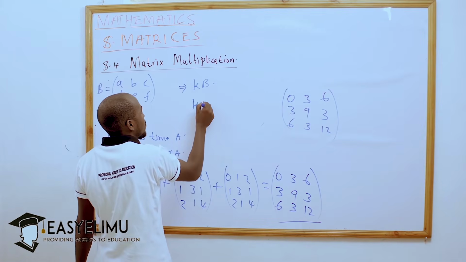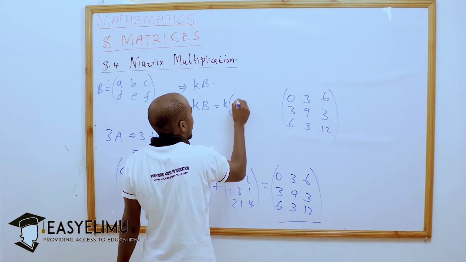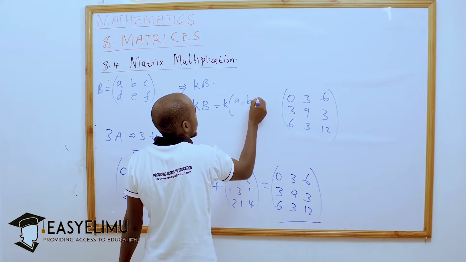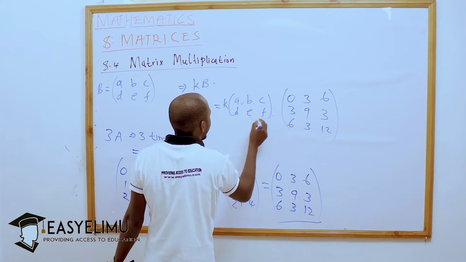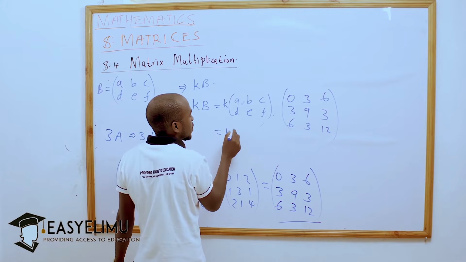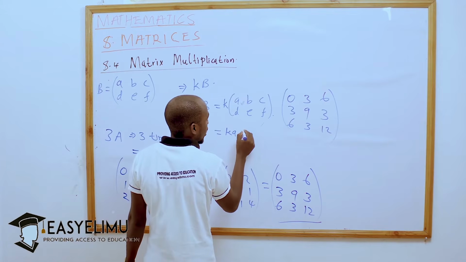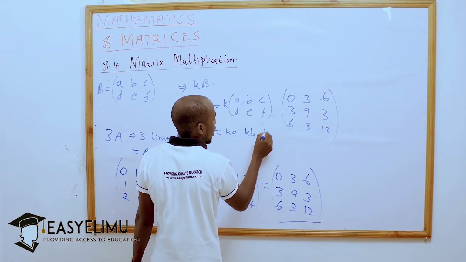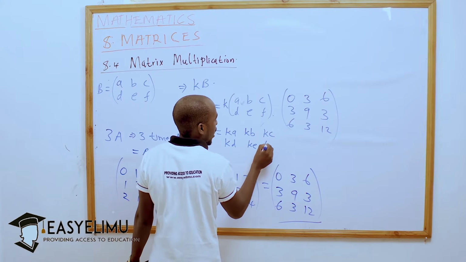You just take K times the entries A, B, C, D, E, F, such that each entry is multiplied by that scalar, giving KA, KB, KC, KD, KE, and KF.